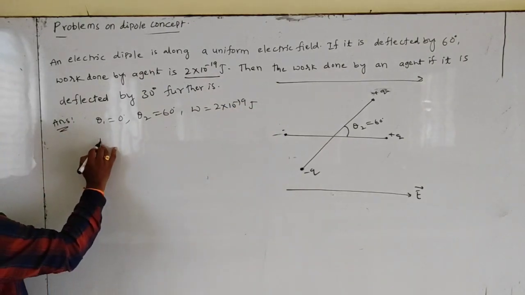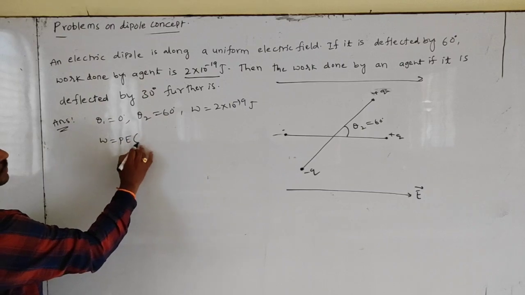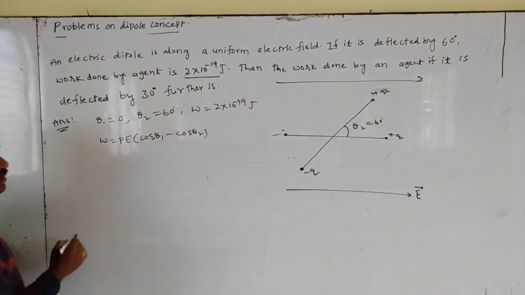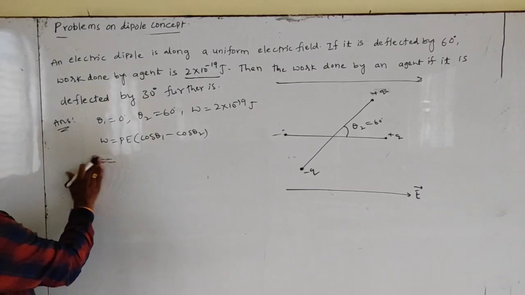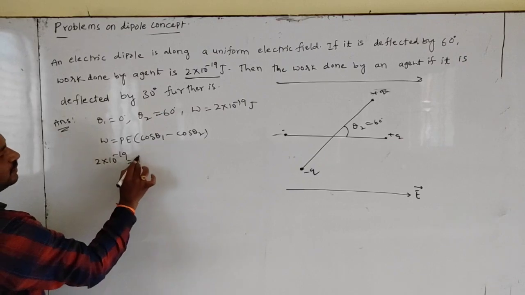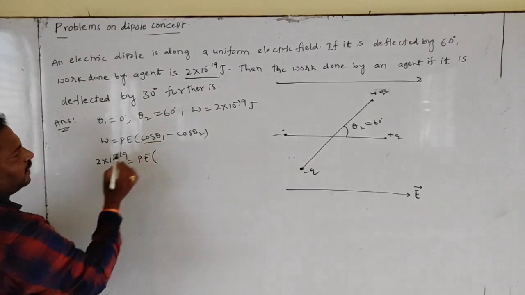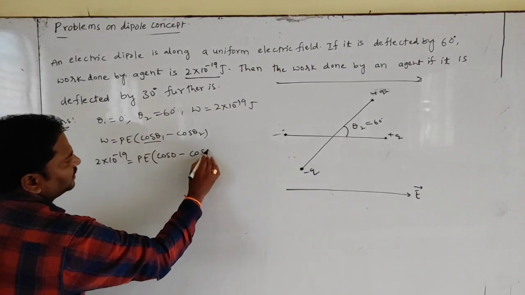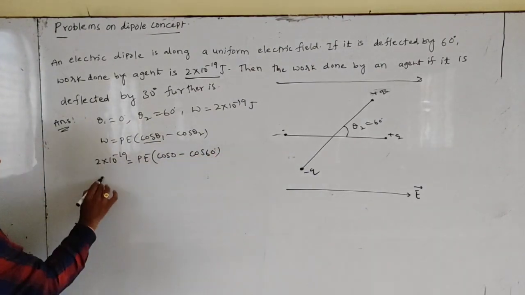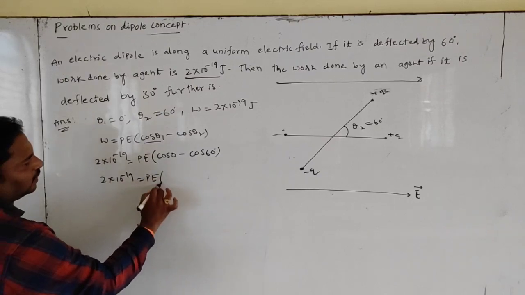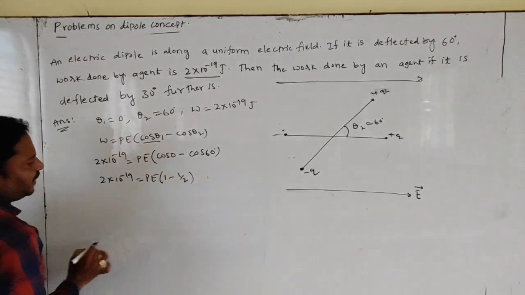So what is the work done formula? PE into cos theta 1 minus cos theta 2. So 2 into 10 power minus 19 equals PE into cos 0 minus cos 60, which is PE into 1 minus 1 by 2.